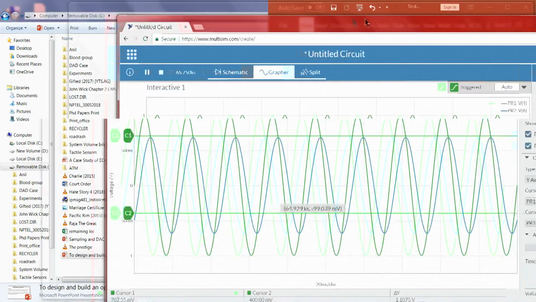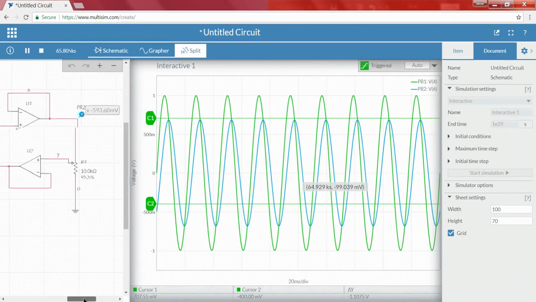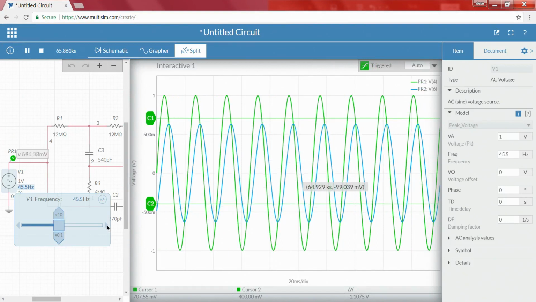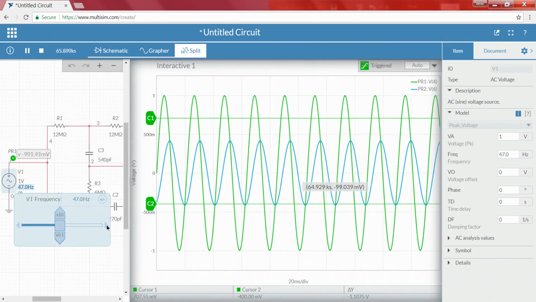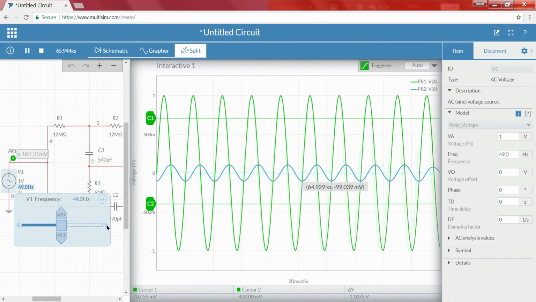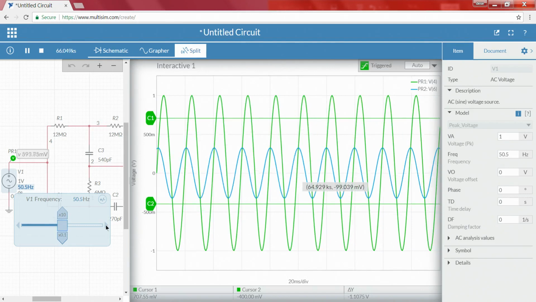And if you see even that, if I slowly increase the input frequency, 45.5, right, at 49 hertz almost nothing. If it is 50, it again started increasing.